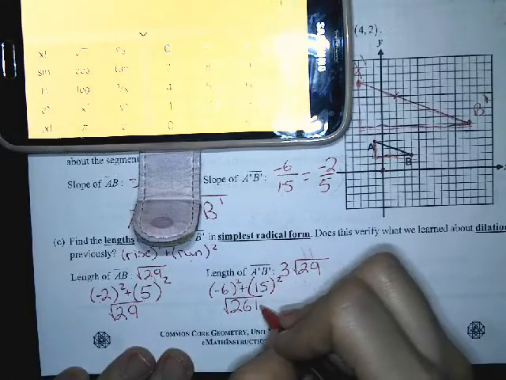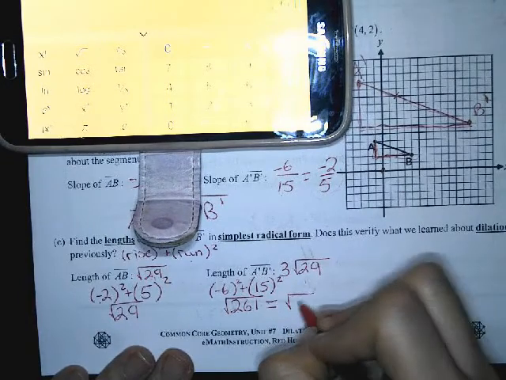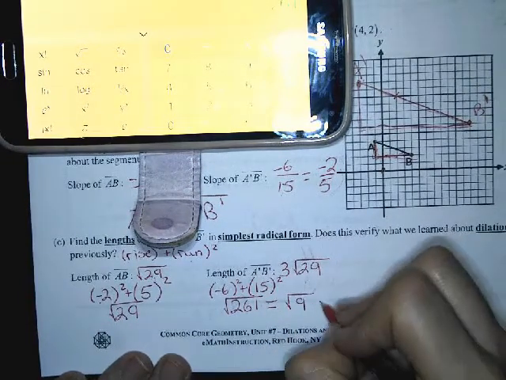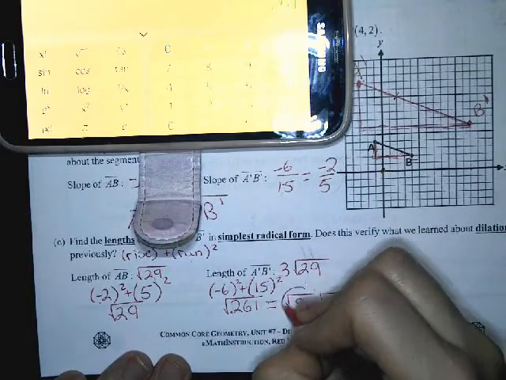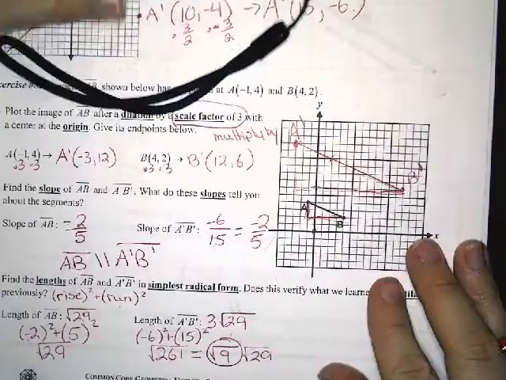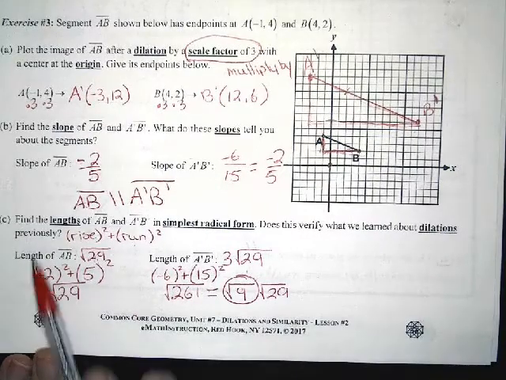Okay, and at the end, yes, you have to take the square root of these numbers. What's going to happen is that this is going to break into 2 numbers. Radical 9 times radical 29. Where this is my perfect square, that gets me back to 3. Does it verify what we learned about dilations previously?